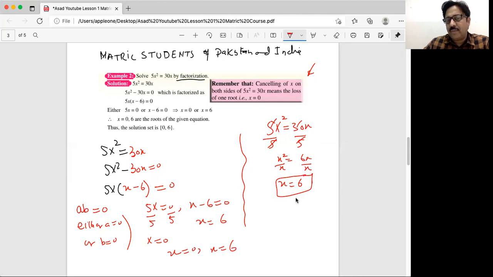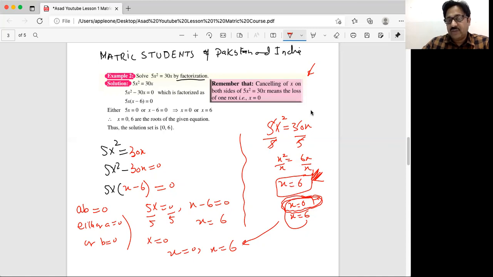Here we get x equals 6. If you see here, one solution is x equal to 0 and one is x equal to 6, but here we got only one value for x, which is x equal to 6. So where is x equal to 0? It's missing here. So we lost one root here.